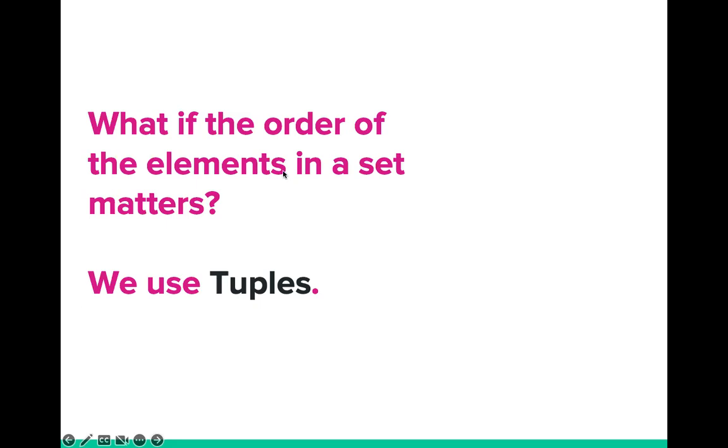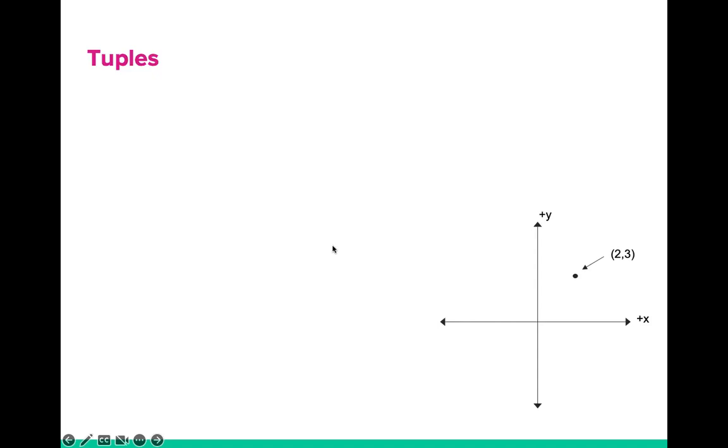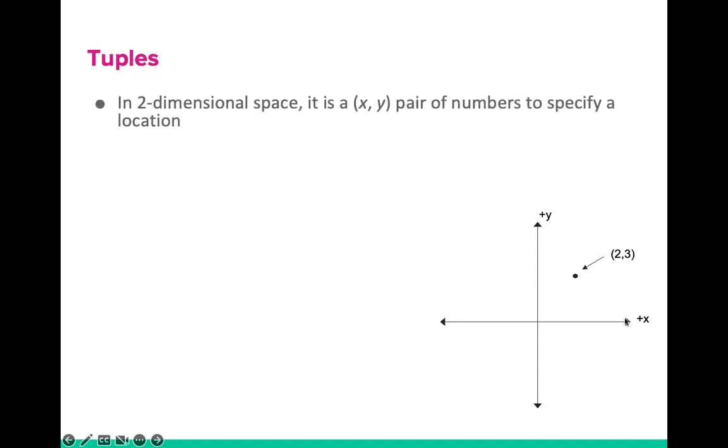Now, what if the order of the elements in a set matters? So in this case, we are going to use tuples. So think of it like a Cartesian. Suppose we have this Cartesian plane wherein we have an X and Y plane, okay, and a point in this plane is an XY pair of numbers to specify the location.